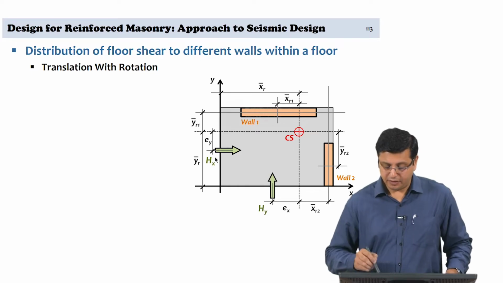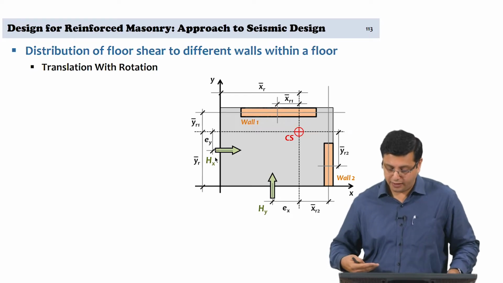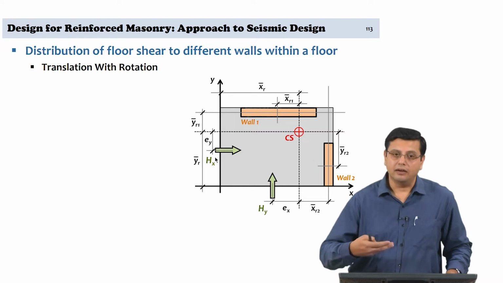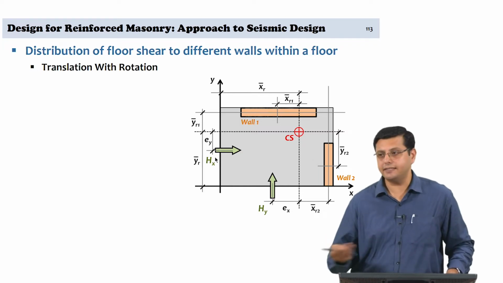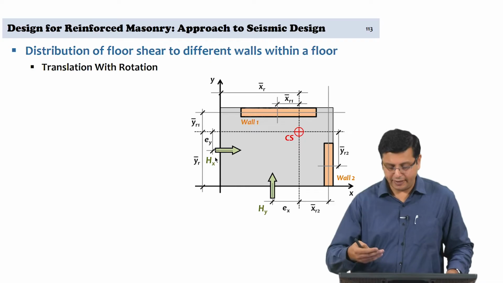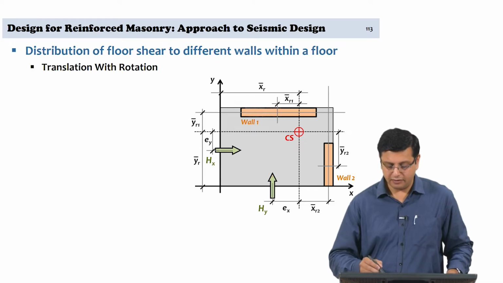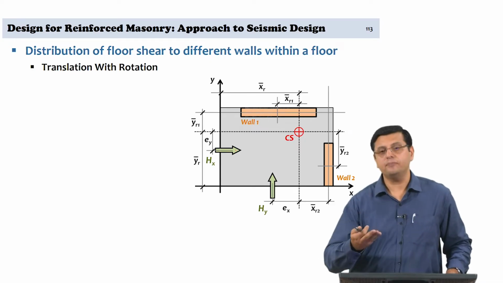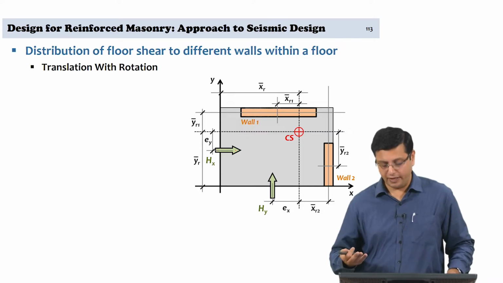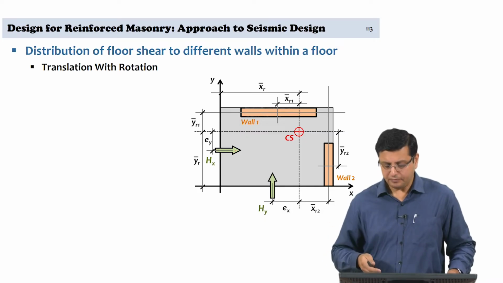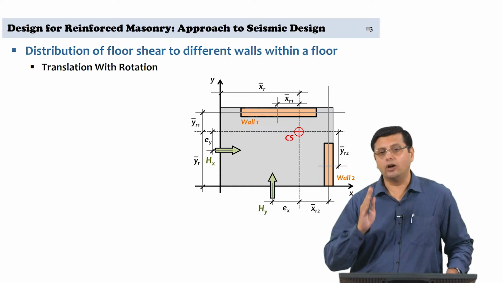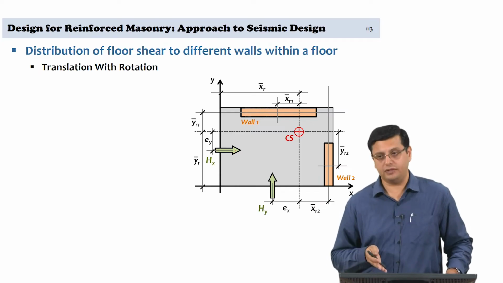The lateral forces, if I were to consider earthquake force acting in the x direction or earthquake force acting in the y direction, the green arrows represent the force considered in the two directions separately. Then they would be acting along the lines defined by the center of mass.